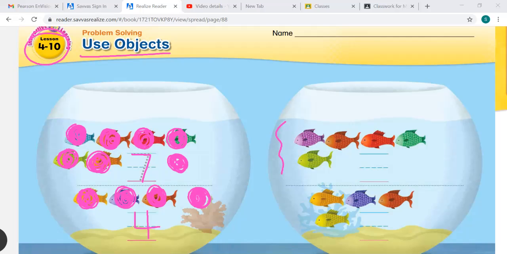Here's 1 counter, 2 counters, 3 counters, 4 counters, 5 counters, and then 2 more. 1, 2.